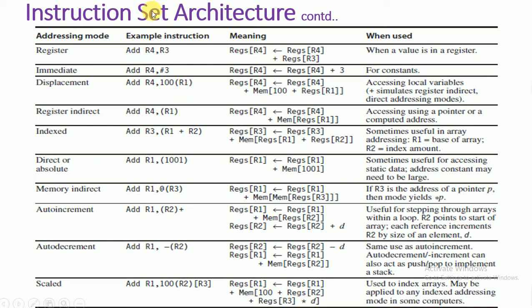First one is register addressing mode, as the name indicates. An example is given like add R4, R3. R4 is a register, R3 is another register. So the meaning is that the content of R4 will be added with the content of R3 and the result is stored in R4.